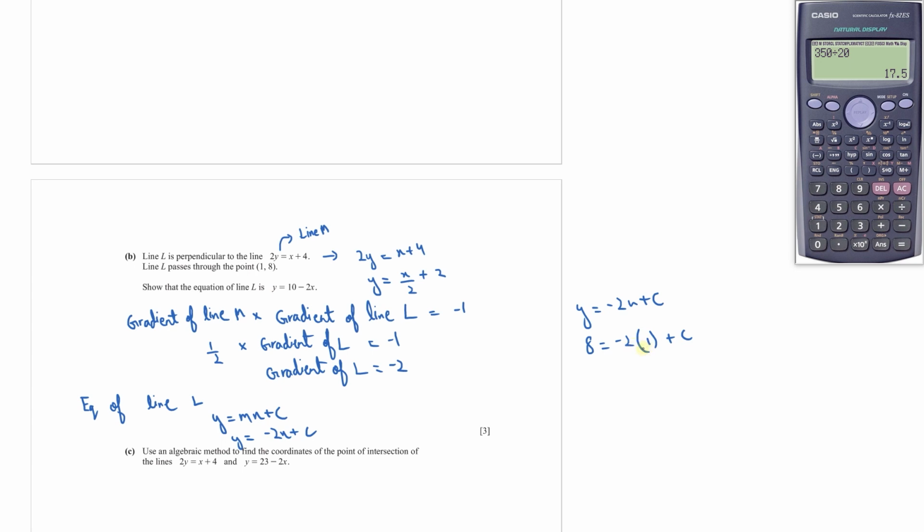So this becomes minus 2 plus c. If I take this minus 2 to the other side, 8 plus 2 becomes 10, so c is 10. So the final equation of line L will be y equals minus 2x plus 10, or y equals 10 minus 2x in this form. So you have shown that the equation of line L is y equals 10 minus 2x.